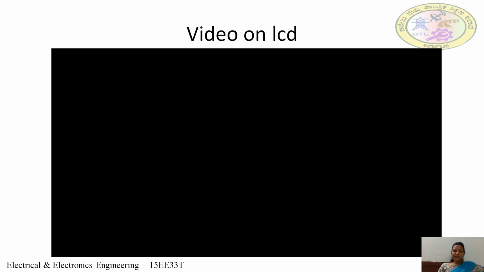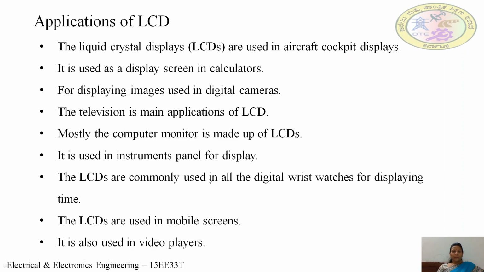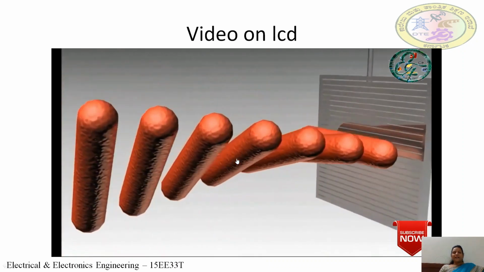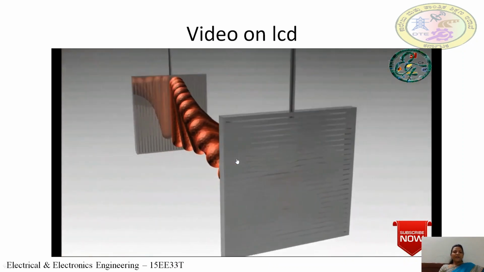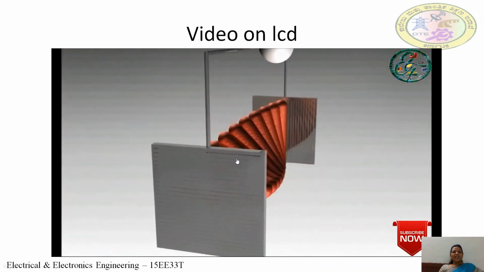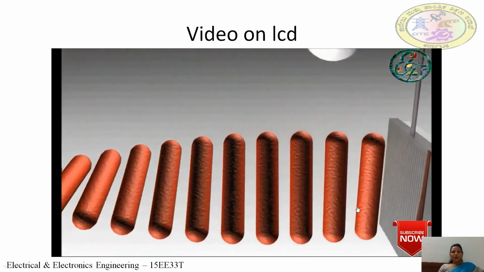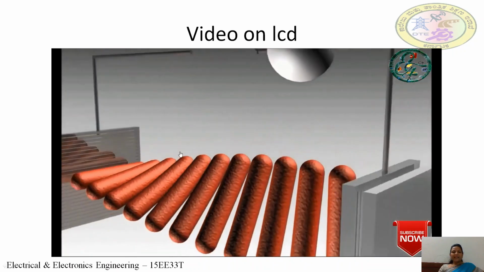So we have a video here that can show you this concept. As you can see right now, the molecules are twisted, this being vertically aligned and this being horizontally aligned.